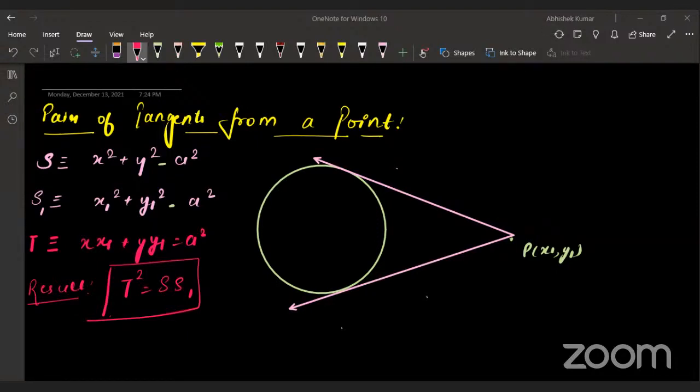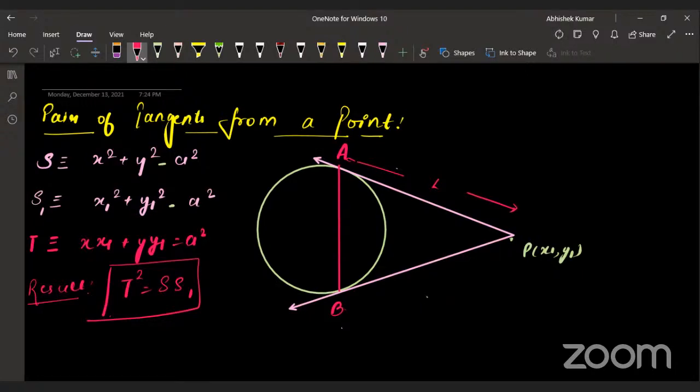Okay. Now let us draw the chord of contact. So that's your chord of contact. Fine. You have A and you have B. All right. And let's assume this length from A to P is L. This we have already discussed, that the length of tangent is given by root S1.